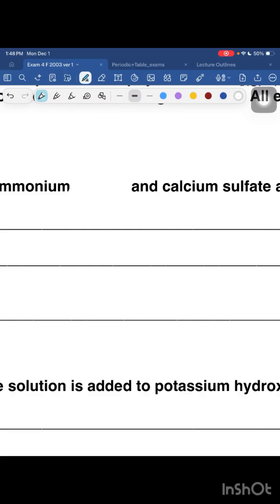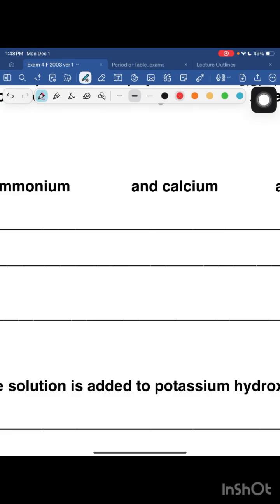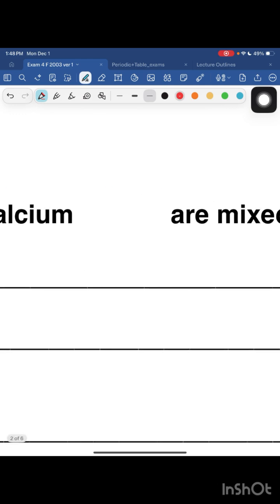So this is no longer ammonium acetate, and this is no longer calcium sulfate. We're going to pretend that we started with the products instead. So over here, we've got ammonium sulfate and calcium acetate.